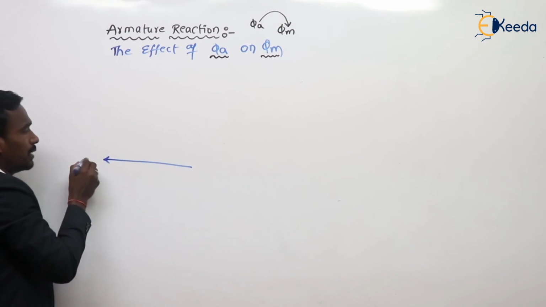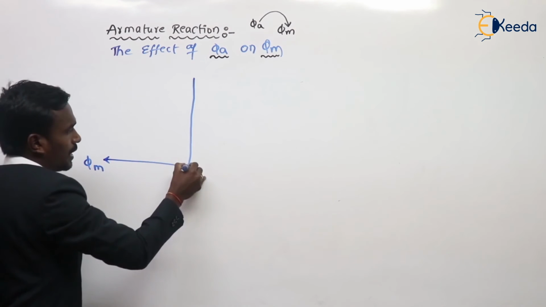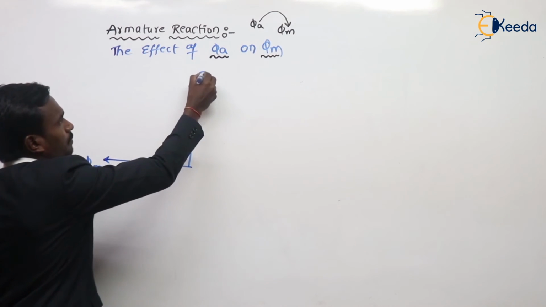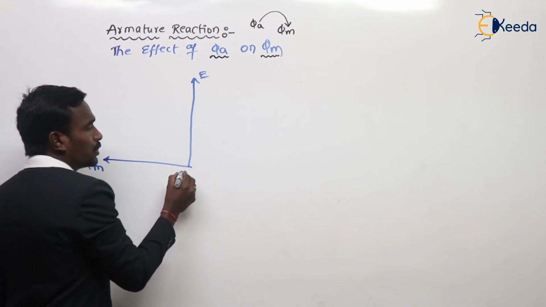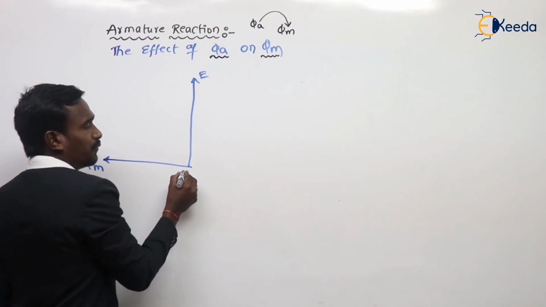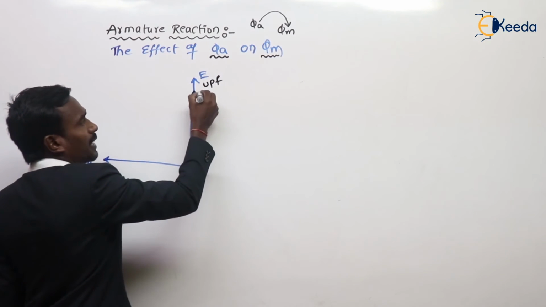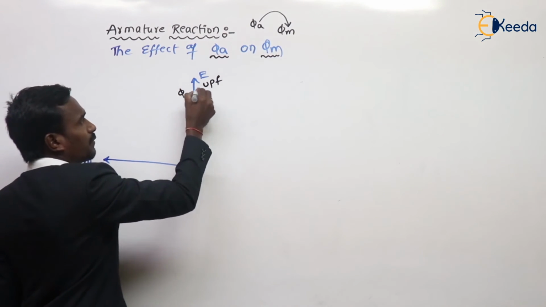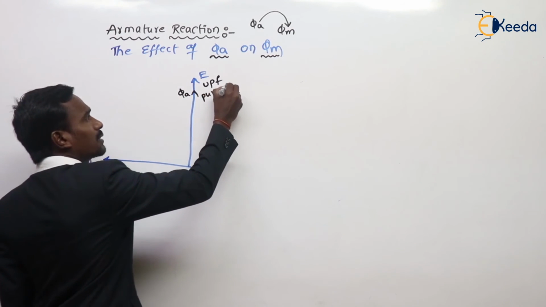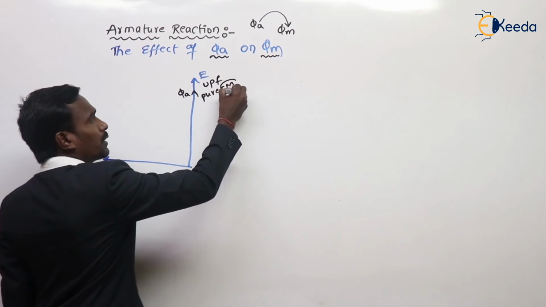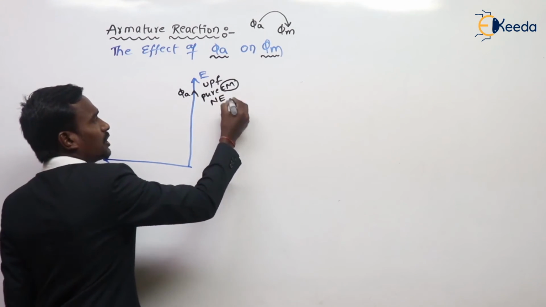This is my main field flux, and this is my EMF. These are vectors. If it is unity power factor, then armature current is here and armature flux is here, and this is pure cross magnetization, and this is a normal excitation condition.